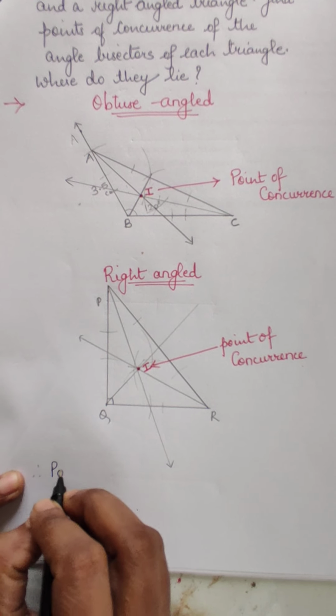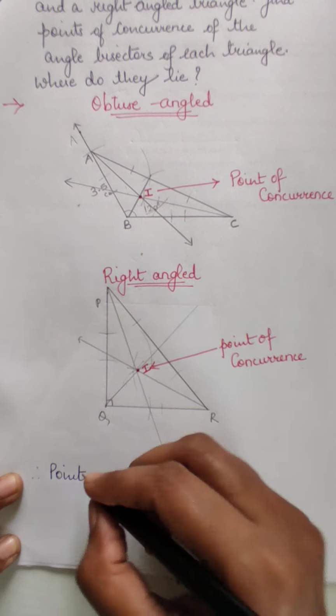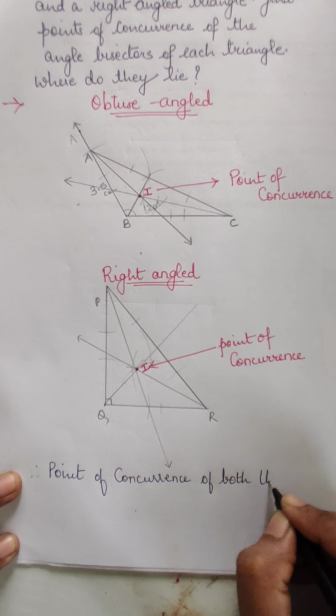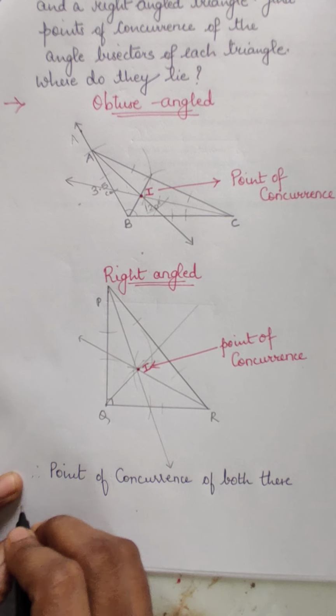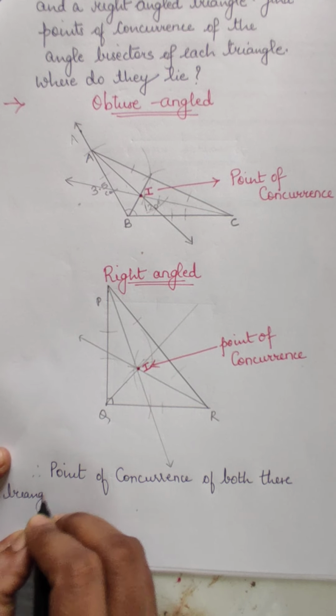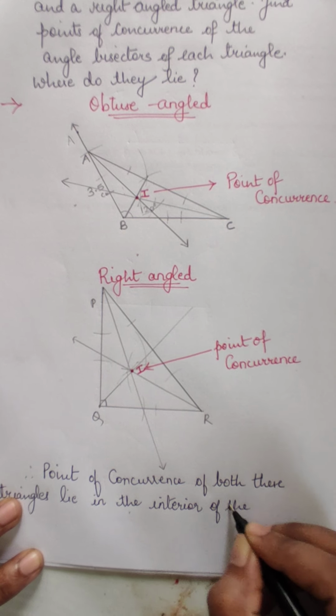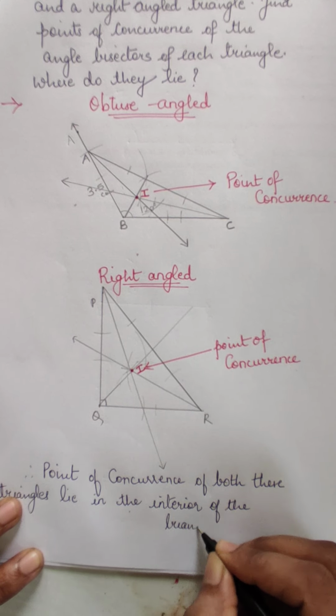So therefore the point of concurrence of both these triangles lie in the interior of the triangle. So that was question number 3.